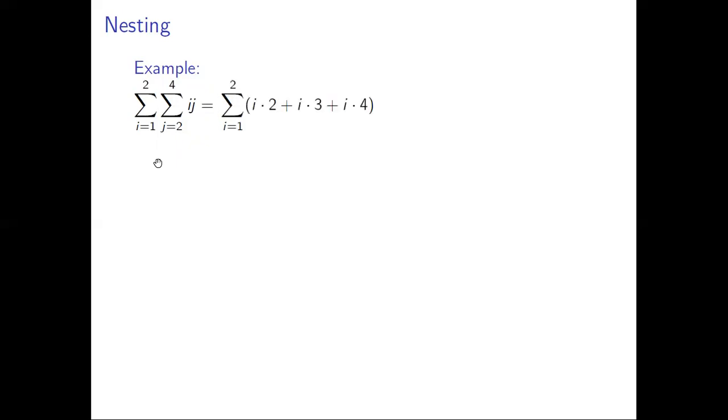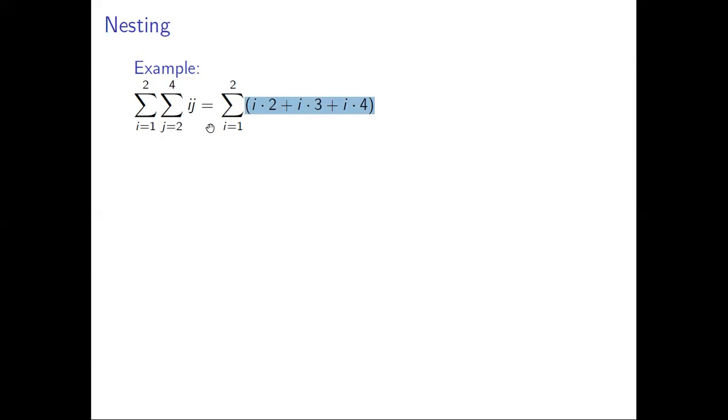When we expand the inner sum, we start from j equals 2, so that's I times 2. And then we have j equals 3, so that's I times 3. And then plus, when j equals 4, we have I times 4. So that's the inner sum, and that's this thing in parentheses. And then we still have the outer sum to do.